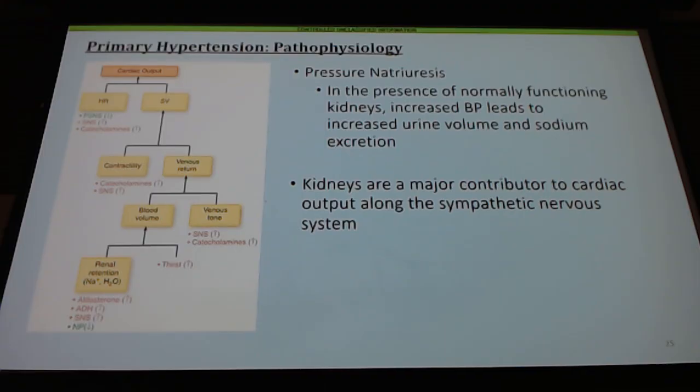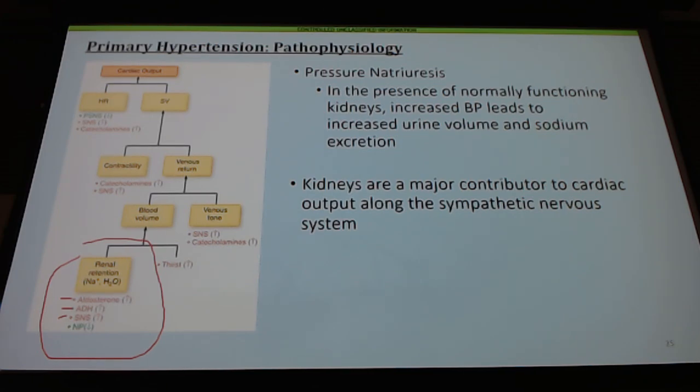Going back to the kidney, you can see at the very bottom here, your kidney has a huge role in regulating the blood volume. And you can see it's got 3 factors that go into raising your blood pressure.